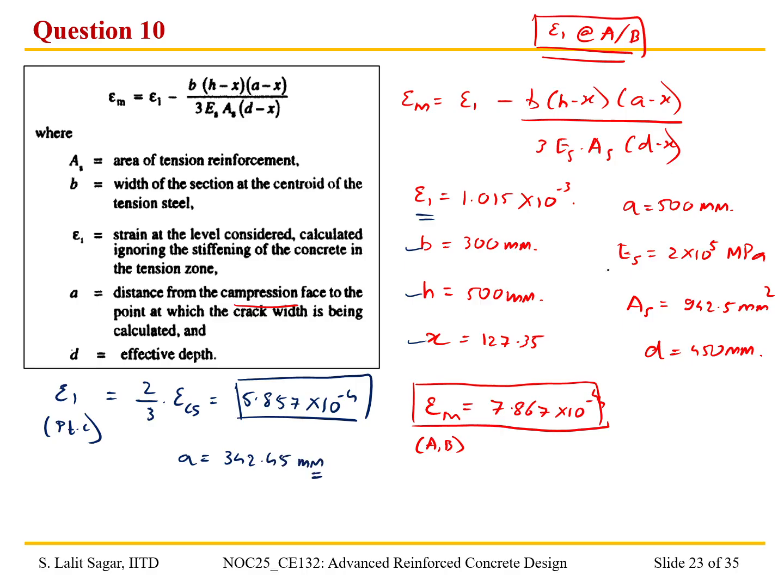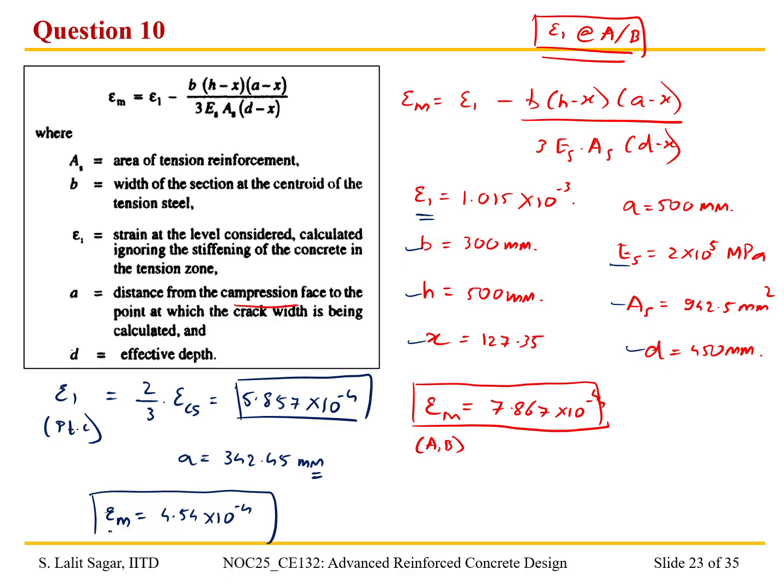Okay, and ES is same, AS is same, and the effective depth is same. So when we substitute all these values in this equation, we get the value of epsilon m for point C as how much? 4.54 into 10 to the power minus 4.